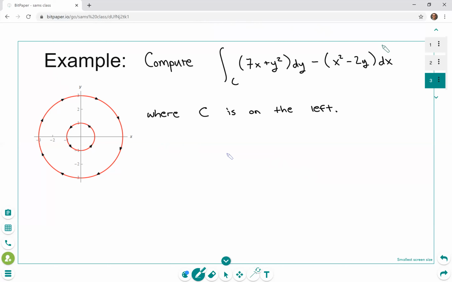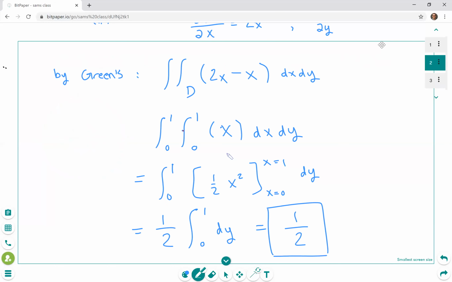But based on the kind of conversation that we had in the video about Green's theorem, usually it's a lot easier to just do the double integral than to do the line integral, because with line integrals we have to come up with a lot of parameterizations. Let's actually talk about that for this one.